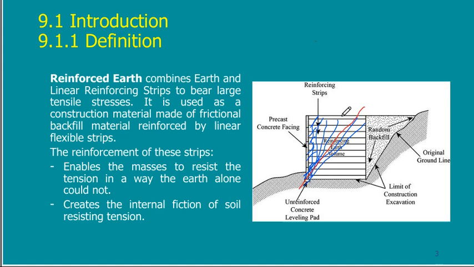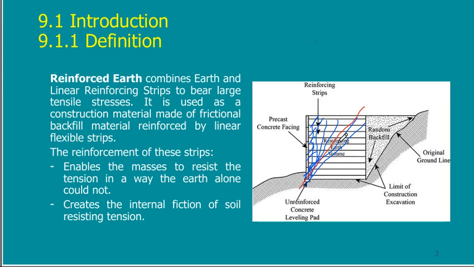What happened? This reinforcement was not enough. The forces were high, so my reinforcement was either detached or broken, and I end up with this. So this is internal stability.